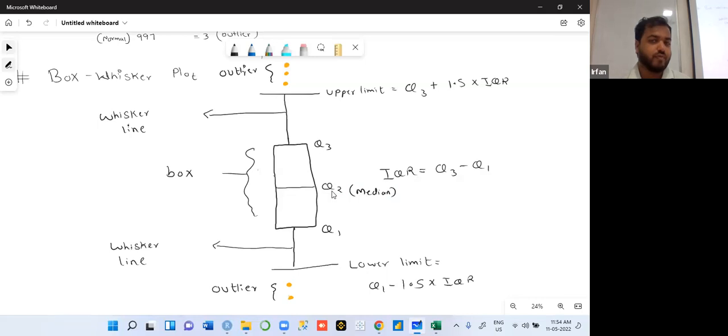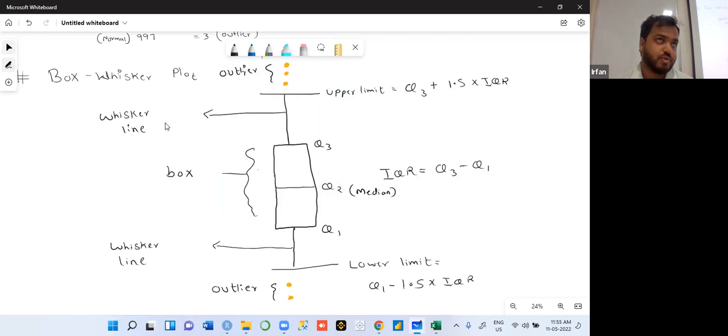In quartiles, we have median. Q2 is 50% data. Okay. So any value who crosses upper limit or any value who is lower than lower limit, all these values are called as outliers. And the square is called as a box, and the line is called as a whisker line.